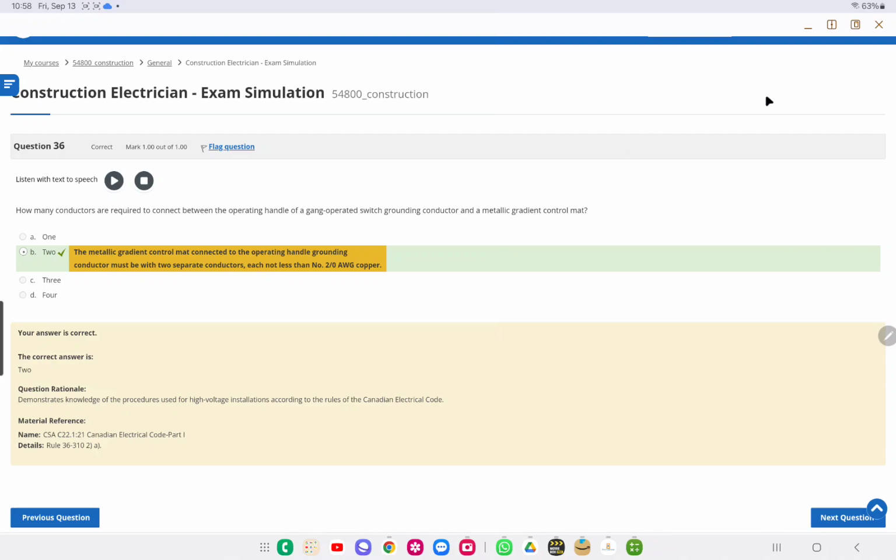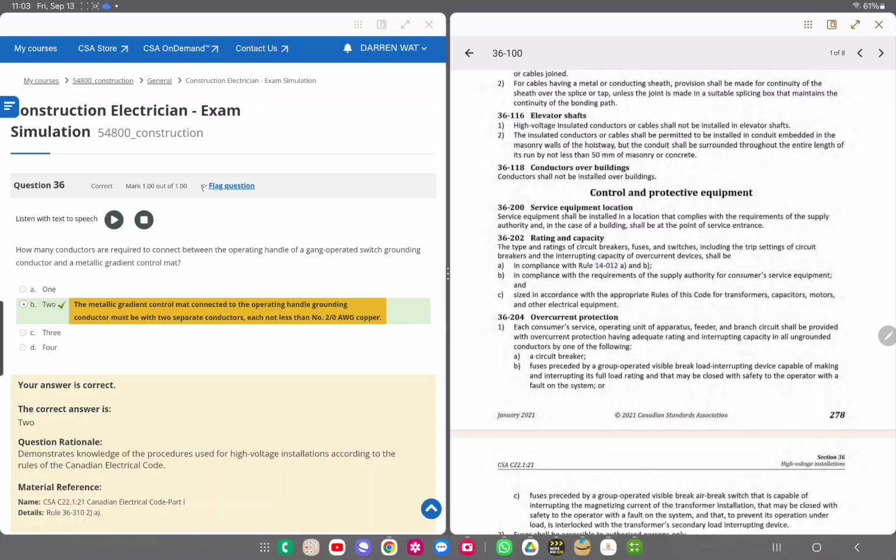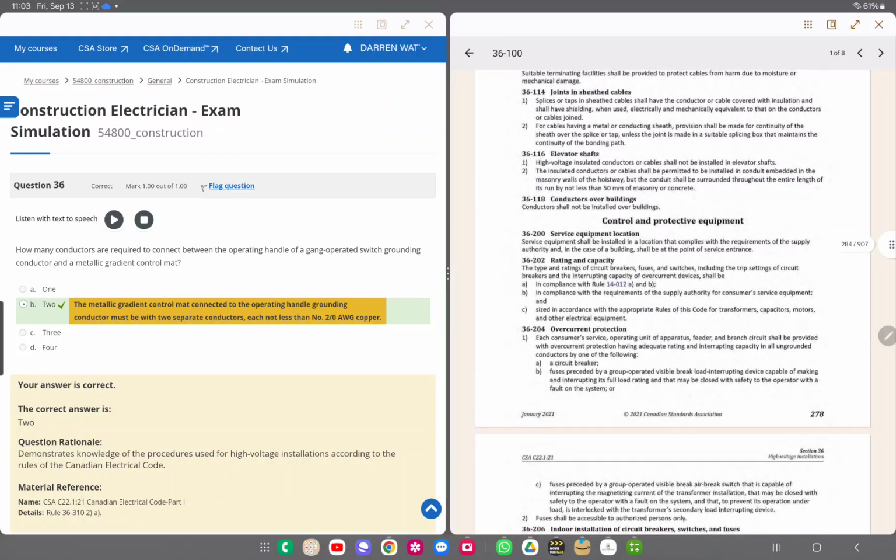Looking at the question, we've got a gang operated switch, grounding conductor, and a metallic gradient control mat. Gradient control mats are only found in high voltage, so this would be section 36. We're looking at the keywords.